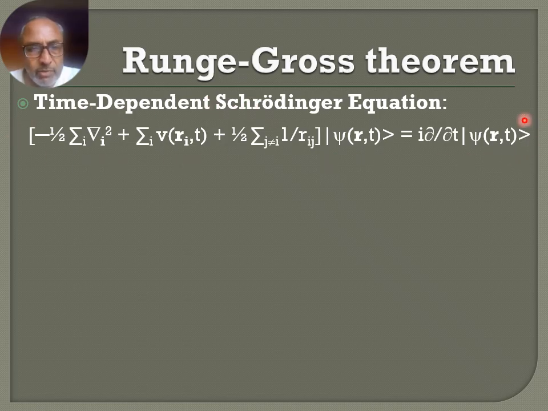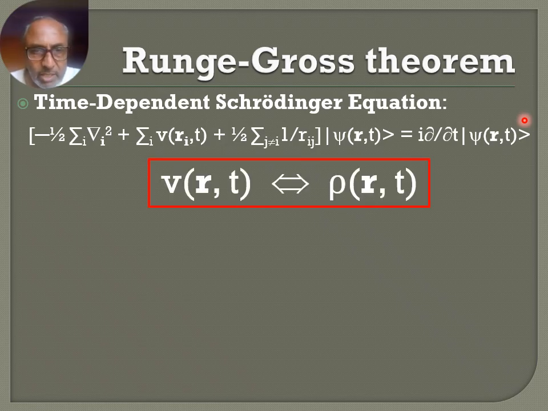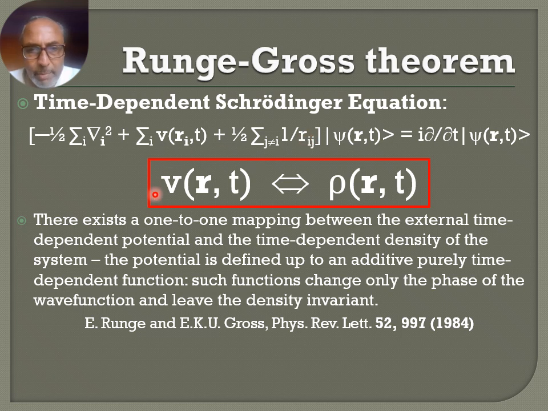For many years, there was no density functional theory for excited states or for time-dependent systems. But in 1984, Runge and Gross showed that there is a one-to-one mapping between the external time-dependent potential and the time-dependent density of the system. The potential is defined up to an additive purely time-dependent function, and such functions change only the phase of the wave function and leave the density invariant.